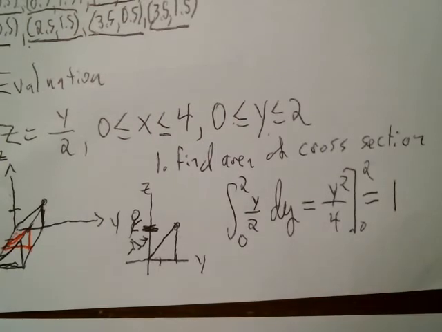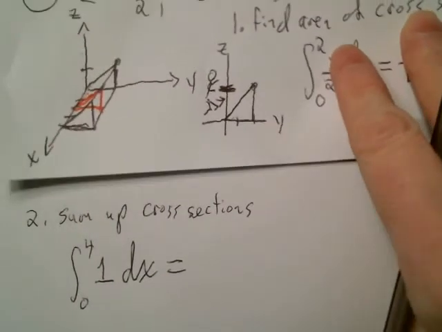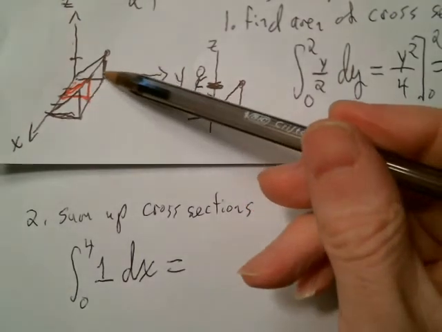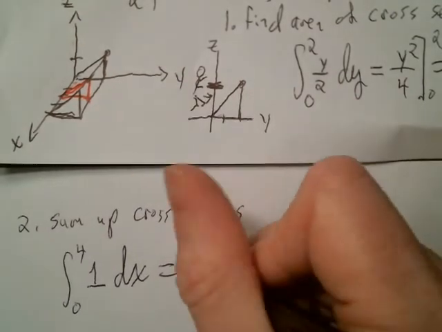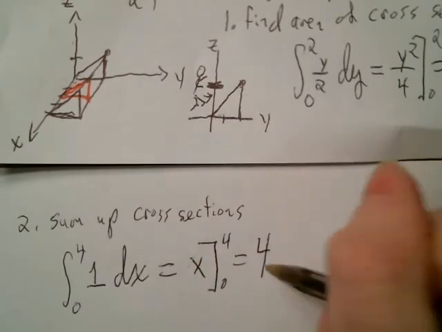So I do an integral from 0 to 4 of these areas on the x-axis. I need to add up the area of these little triangles from 0 to 4. And so what do I get there? I get x evaluated from 0 to 4, and that will equal 4.